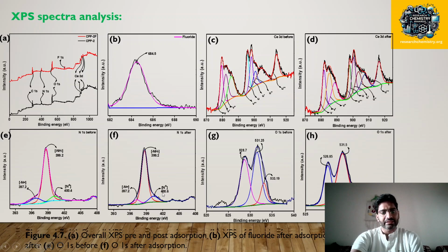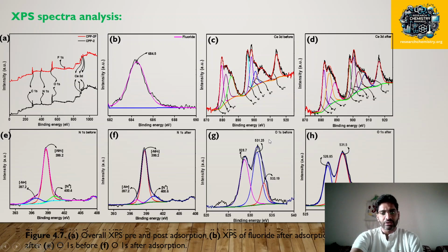A blue shift has been seen, shifted to 400.6, which might be due to the successful binding of the fluoride with the polypyrrole ion. So polypyrrole nitrogen is also taking place in the absorption of fluoride. It is also playing a major role and assisting in the absorption of fluoride.